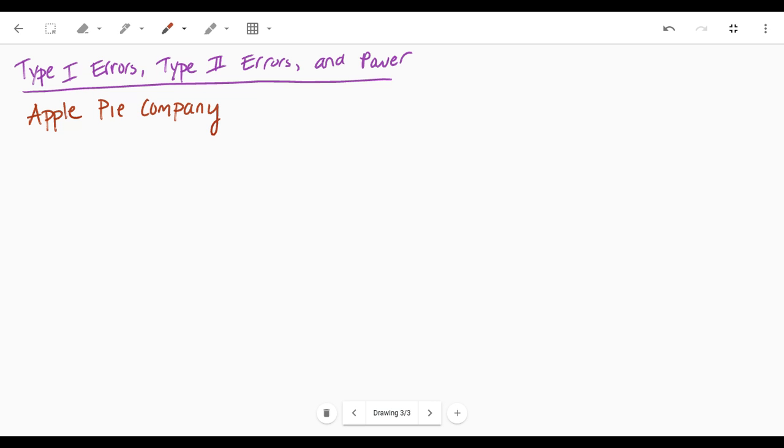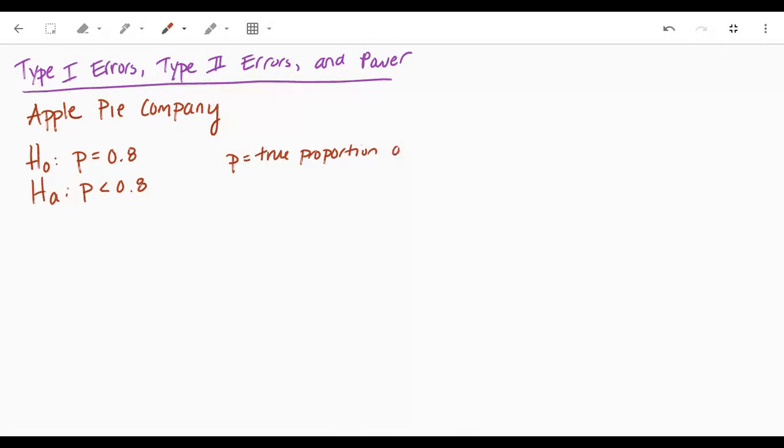So we set up a hypothesis test where P equals 0.8, and the alternative is P is less than 0.8, where P is the true proportion of good apples in the shipment.